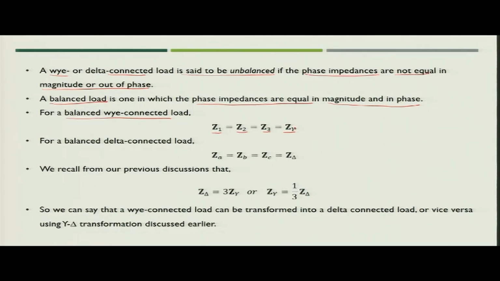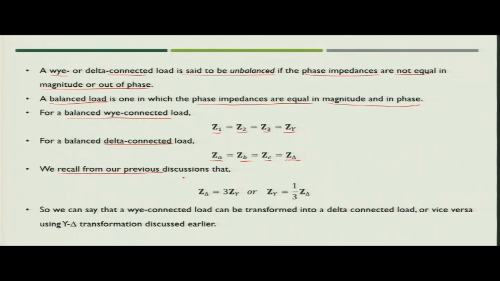The magnitude as well as the phase are the same in all three legs. In the case of a balanced delta connection, you will have Za, Zb, Zc all the same, which we simply call Z delta. So for star connected we specify the individual leg impedance as Zy, and for delta connected as Z delta.